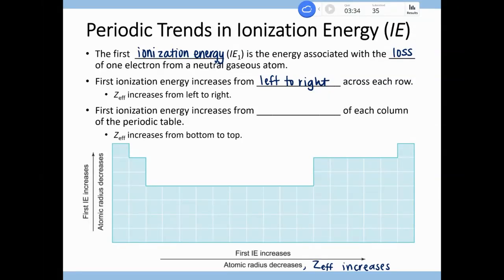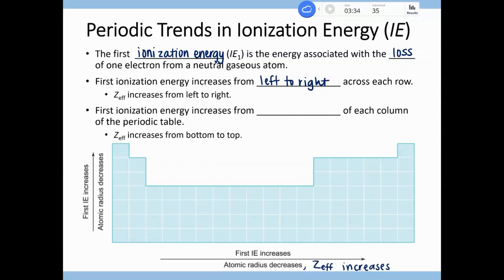Those outer electrons, for one, aren't feeling as strong of a pull to the nucleus because they're further away. They're in a higher energy orbital. And all the electrons in between your outermost electron and the nucleus are shielding that outermost electron from that nuclear charge. So less energy is required to remove an electron from a larger orbital.